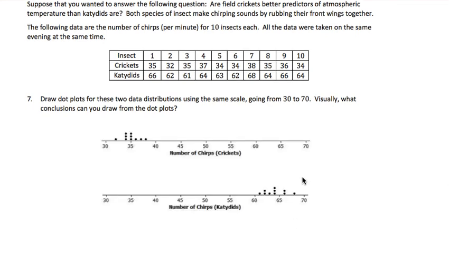So visually, we can see that their distributions seem to have a very similar pattern, even though katydids have more chirps per minute. That doesn't necessarily mean that they're not communicating the same information as crickets.